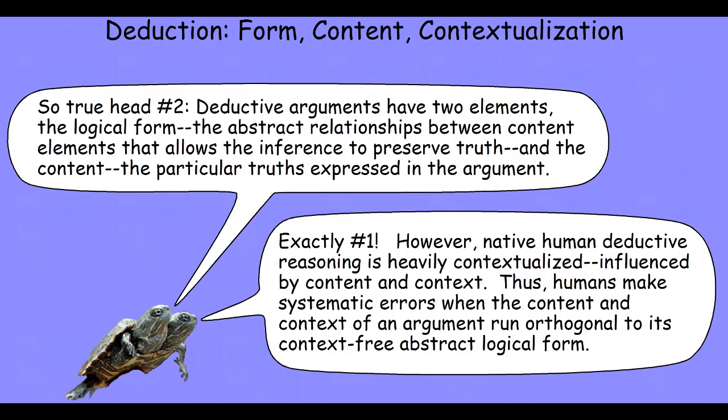However, native human deductive reasoning is heavily contextualized. It's strongly influenced by content and is relatively insensitive to underlying logical form. Underlying structural relationships and arguments are pretty opaque. Thus, humans make systematic errors when the content and the context of the argument runs orthogonal to its context-free abstract logical form.